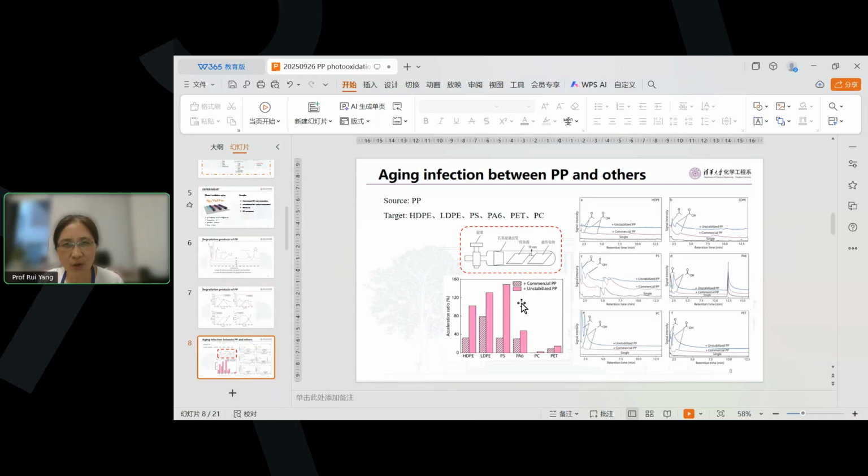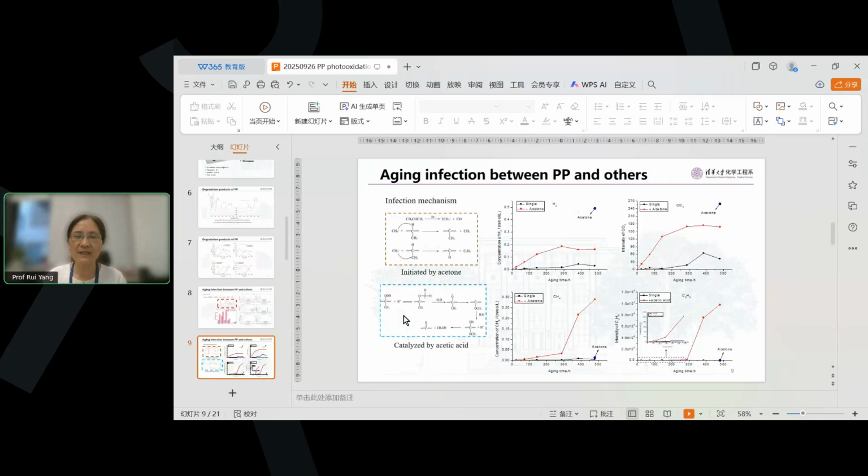That's because we see from the previous slide that during the aging of the two kinds of PP, various volatile products appear. So since these two polymers do not contact each other, the interaction comes from the volatile degradation products.